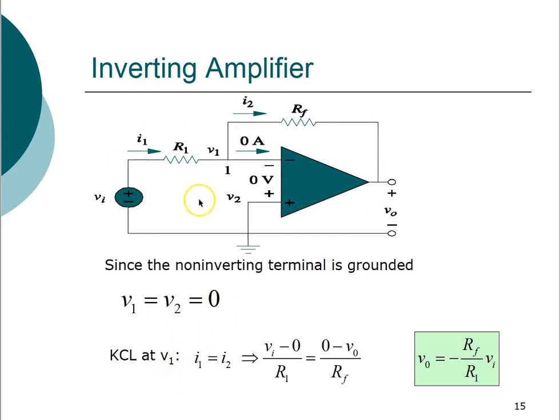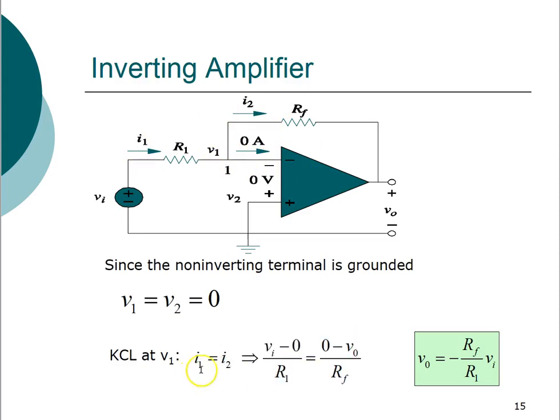So KCL at V1: the algebraic sum of all the currents will be equal to 0. There are three currents at this particular node. I1 is going in, and then I2 is going out, and then this zero current. The zero current which is going into this op-amp is ignored. So that means I1 is equal to I2. So that's what you see over here.